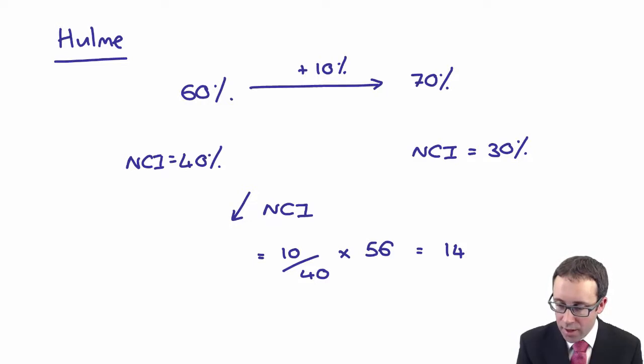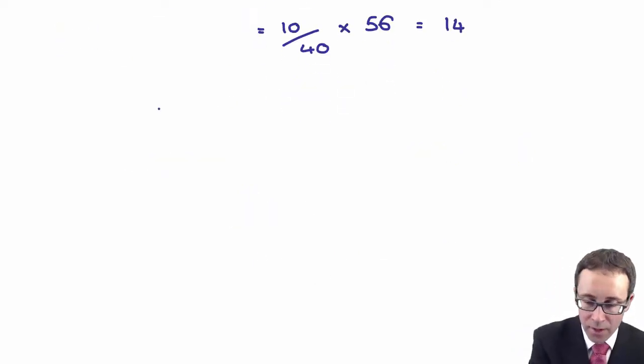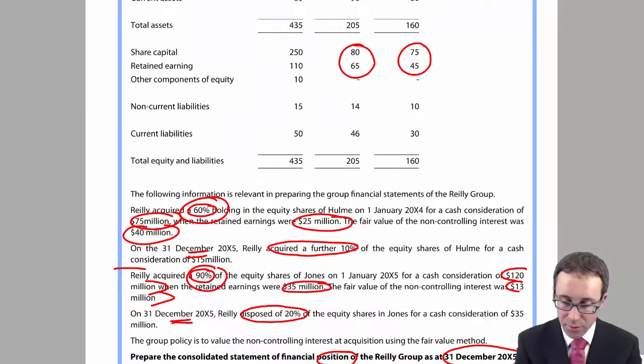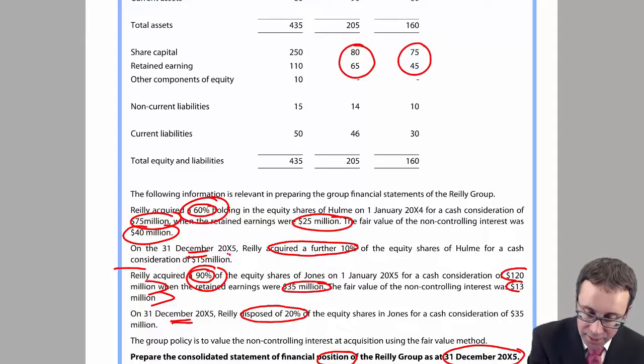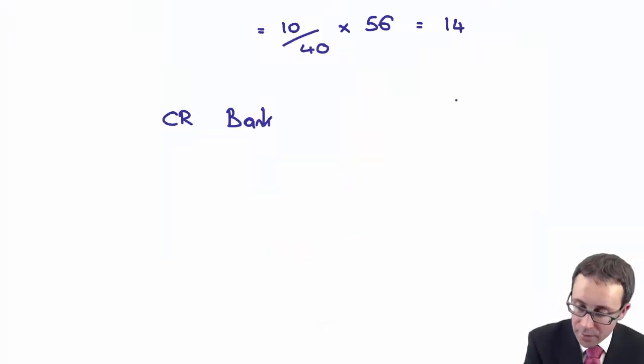If you want to go through there and play around with the journal entries, you don't have to, but we've gone through and bought more shares. So we credit the bank. How much did we pay? It was for a cash consideration of 15 million.